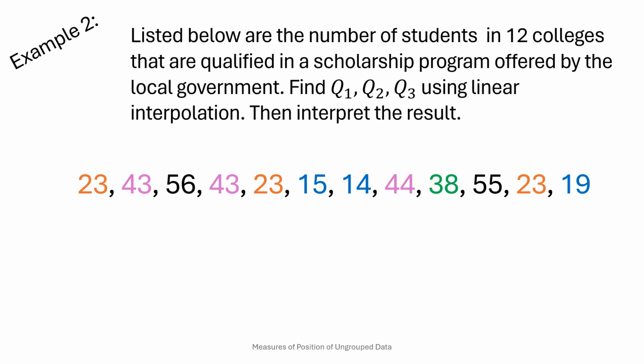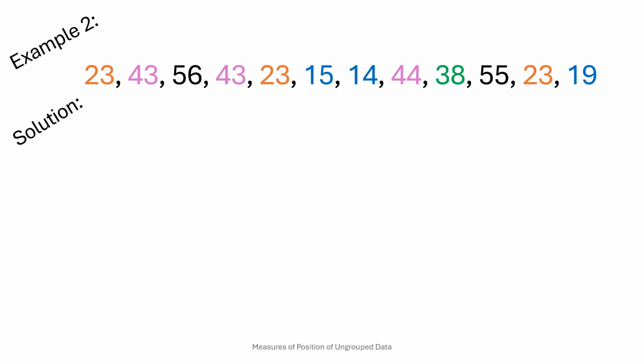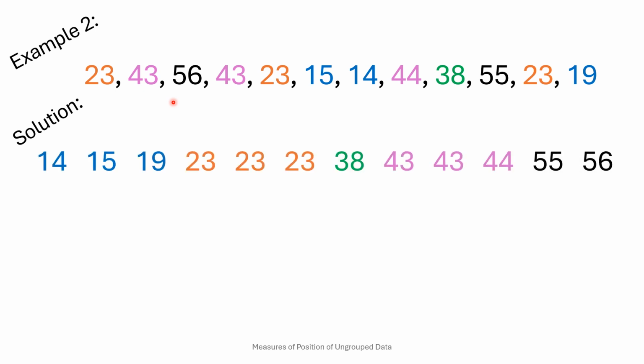Then interpret the result. Step 1, we have to arrange the data values into an array, specifically into ascending order. Then count the number of values: 1, 2, 3, 4, 5, 6, 7, 8, 9, 10, 11, 12.